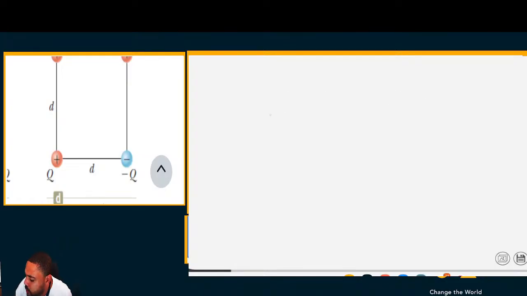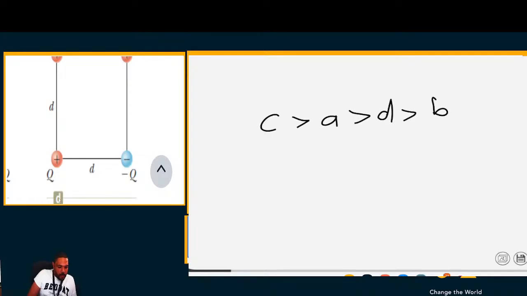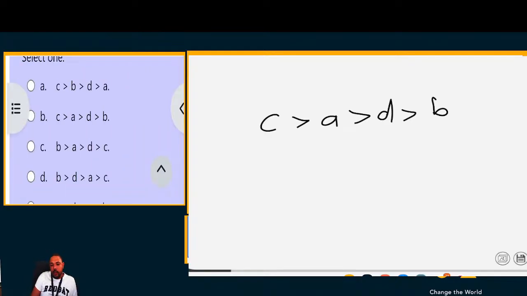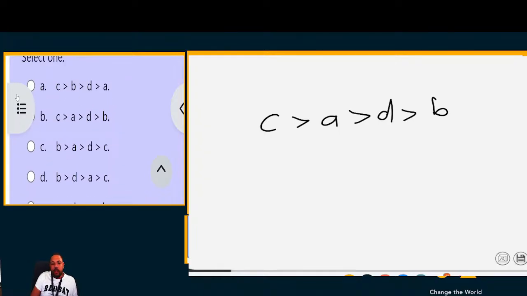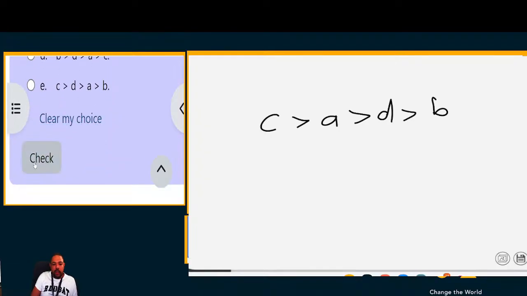Okay, let me rewrite it then. So it's C bigger than A, which is bigger than D, which is bigger than B. Okay? That's a good question. Nice calculating electric potential energy. That should be A. Let's check.